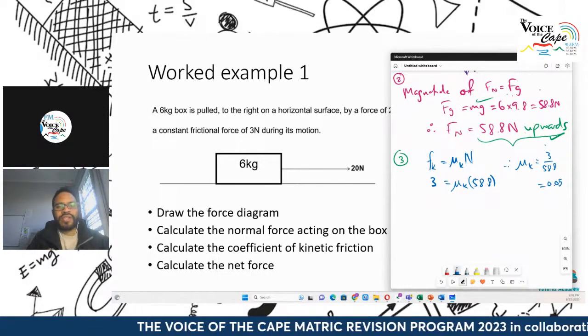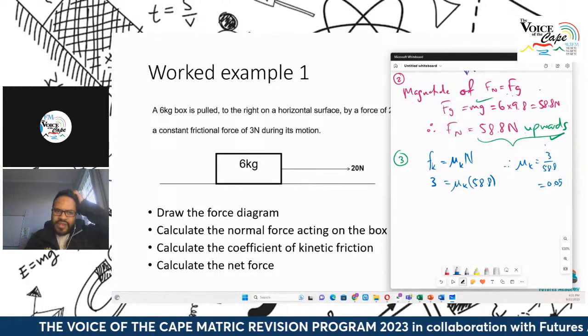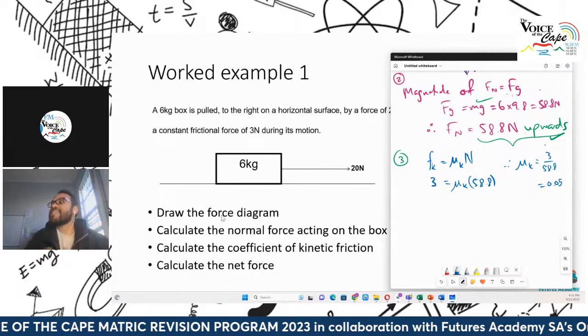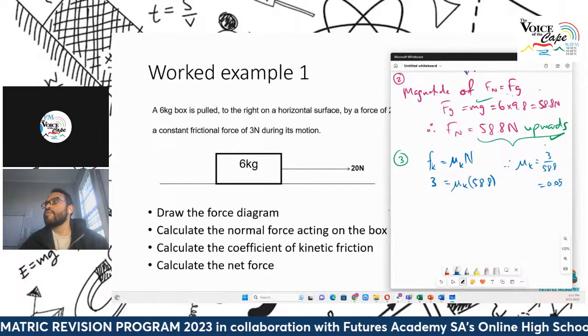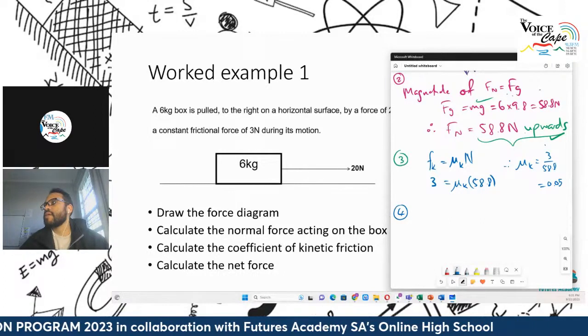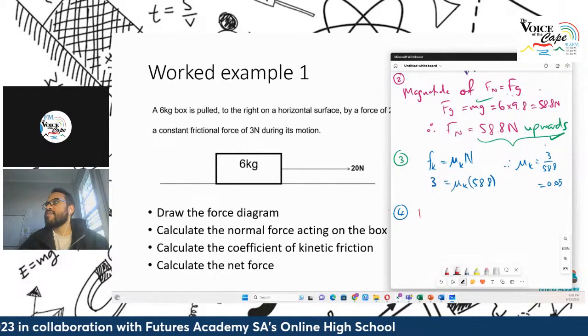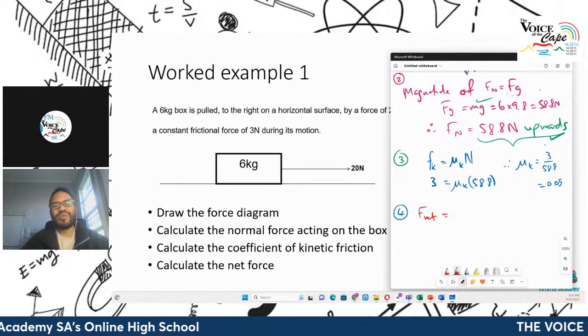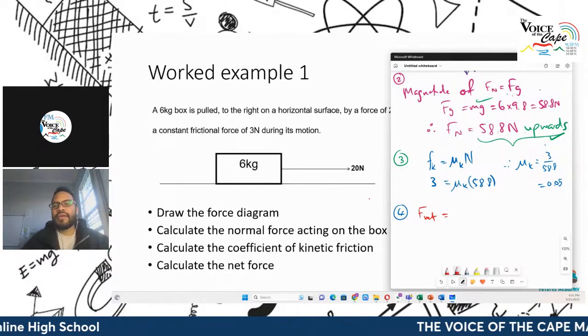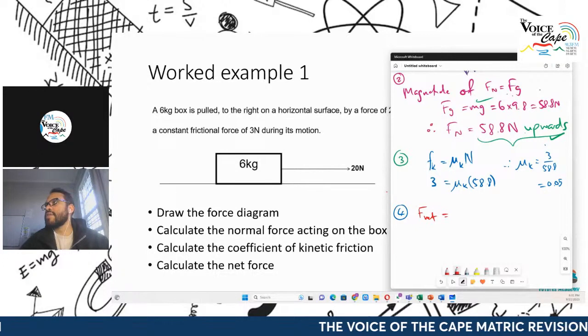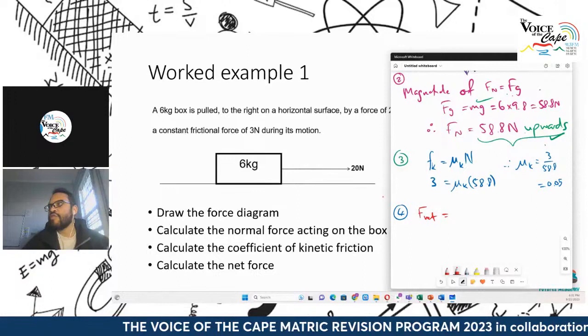Now, what is the net force? The net force will be the sum of all the forces acting in that plane. So let's go to calculating the net force. F net is equal to the sum of all the forces, but there's only horizontal forces here. So now let's decide on a reference system, and that's up to you before you even substitute.